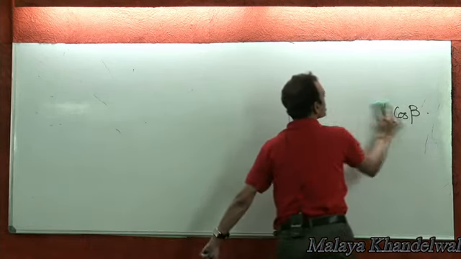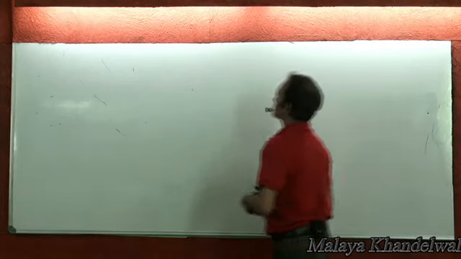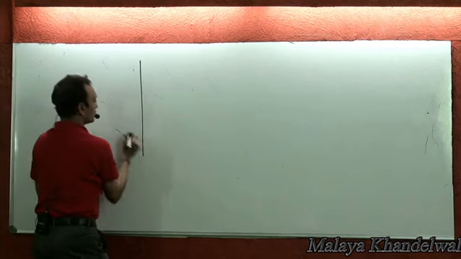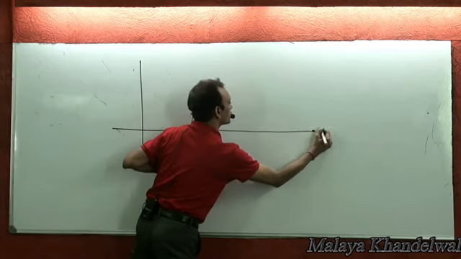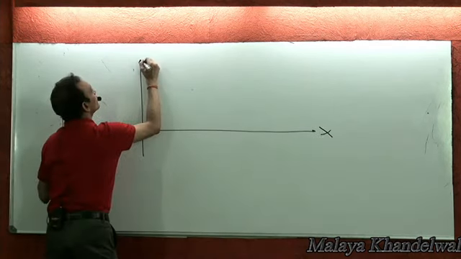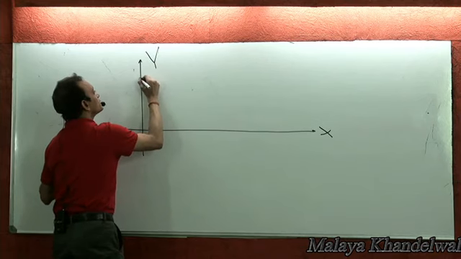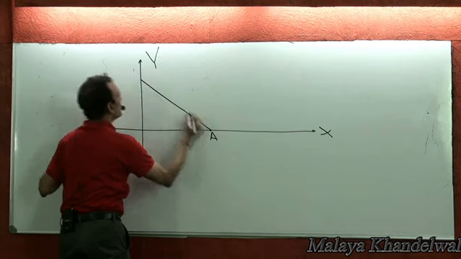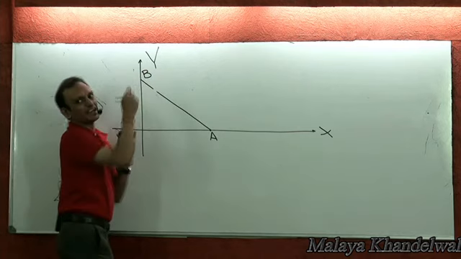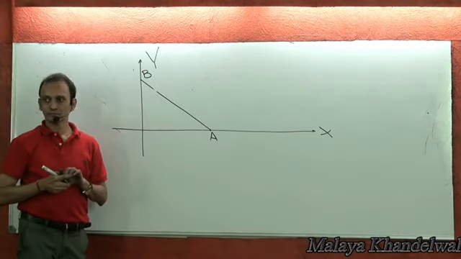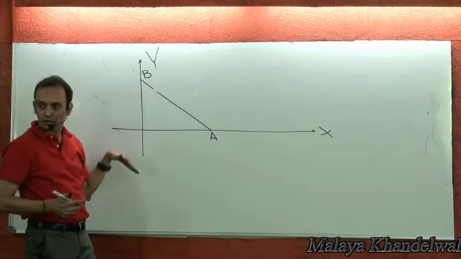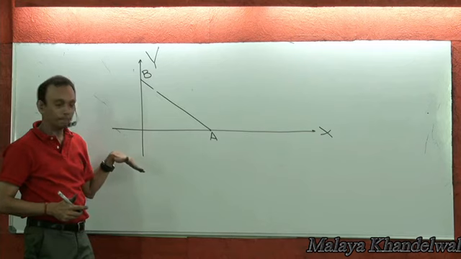Say there is a rigid ladder. AB is a rigid ladder which can slide along the floor and the wall. Right?